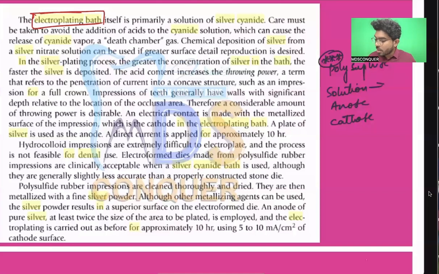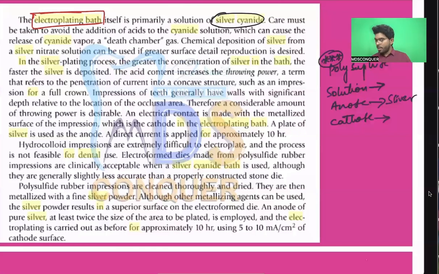Can you tell me the name of the solution? Yes, the solution is silver cyanide. Very good. Can you tell me what is the anode? This question was repeated twice in the last 5 years. Yes, the anode is silver. Can you tell me what is the cathode?